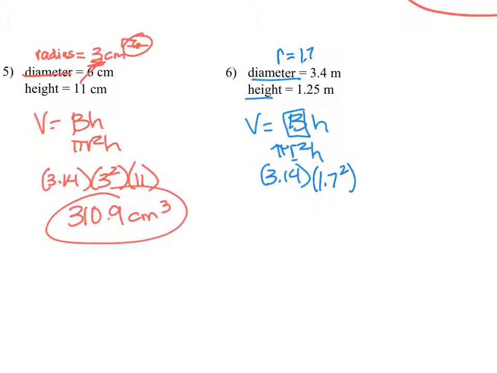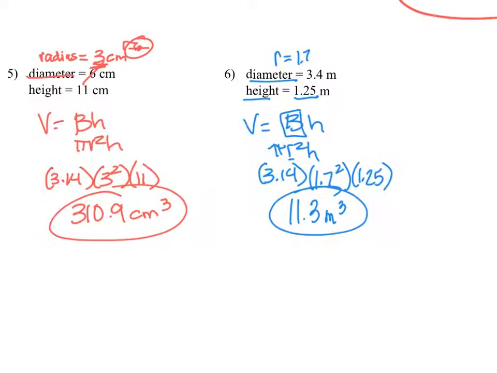So 1.7 squared times the height, which was 1.25. So 3.14 times 1.7 squared times 1.25. And that's going to be, in the calculator it says 11.34325. So I'm just going to say 11.3 meters cubed.